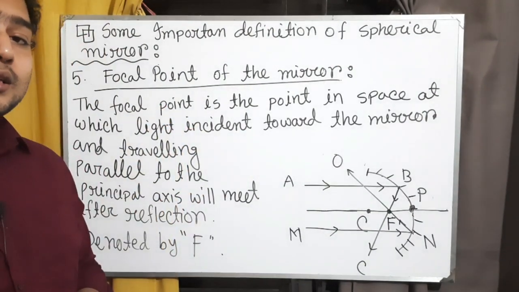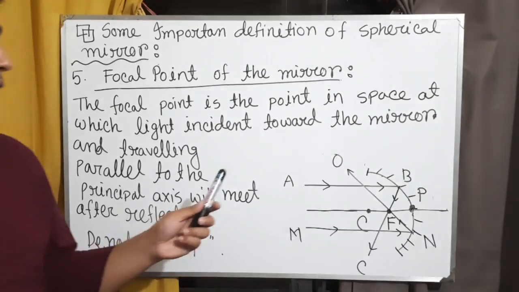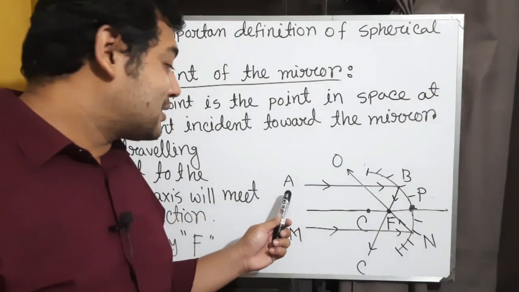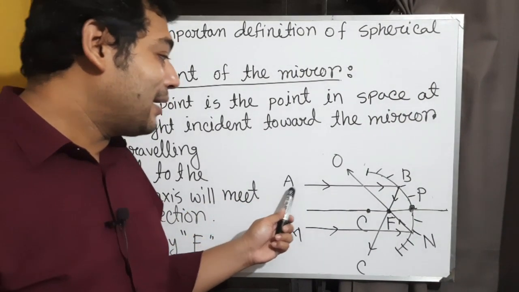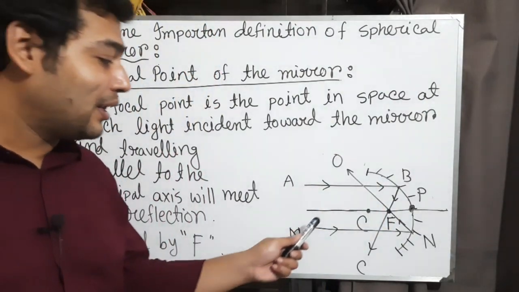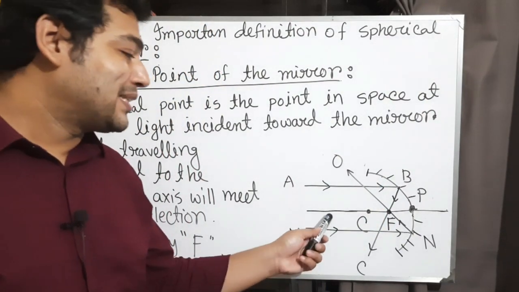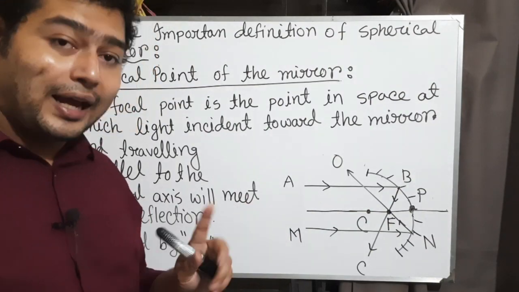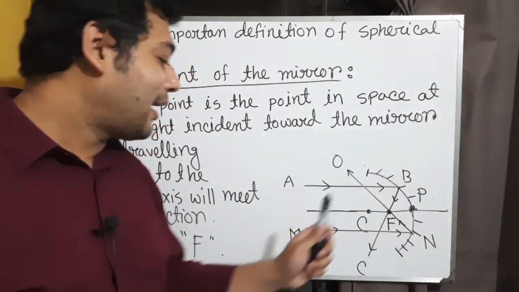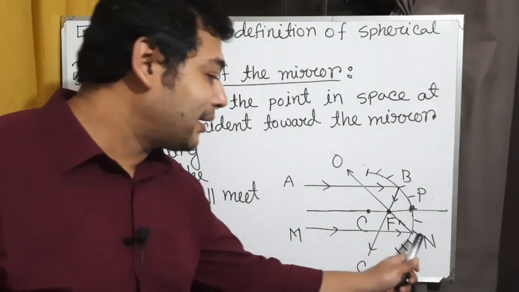Here a light ray AB is parallel to the principal axis, and there is another light ray MN.